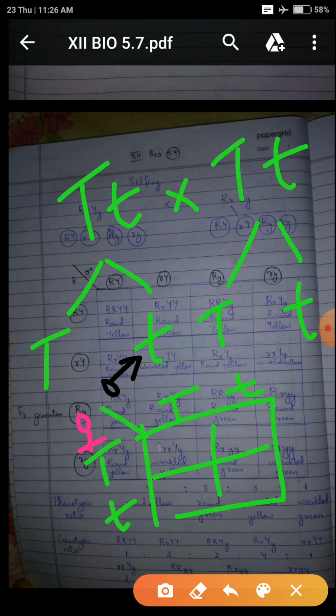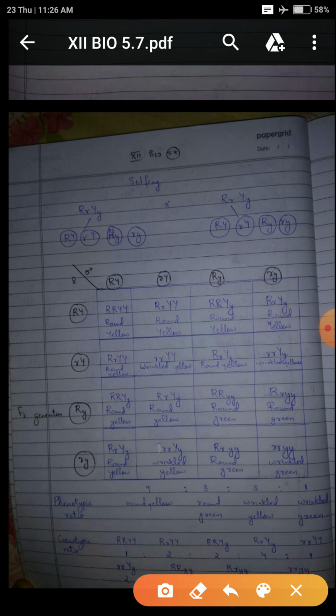How many gametes in this case? 1, 2, 3, 4, 5, 6, 7, 8. In total you have 8 gametes, which means you will have 16 F2 combinations.